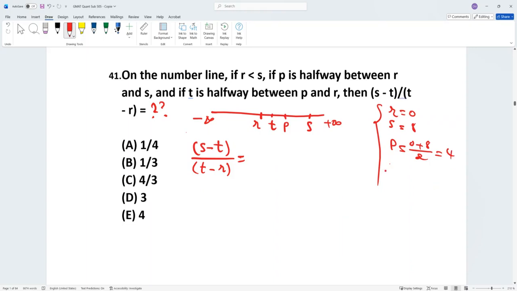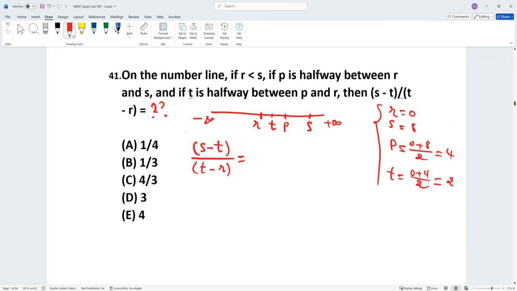And T is between R and P, so T is going to be equal to (0 plus 4) divided by 2, which gives us 2.